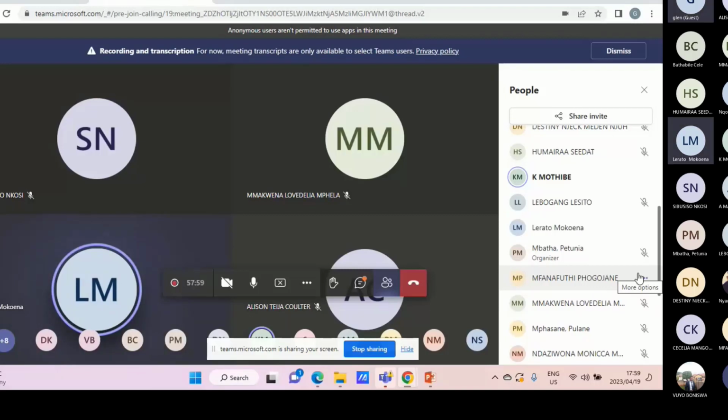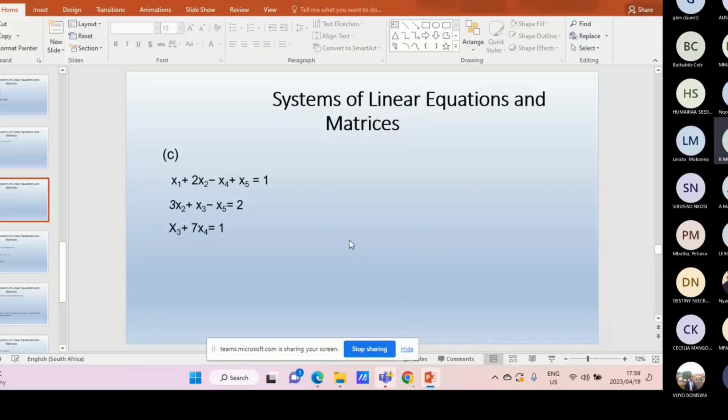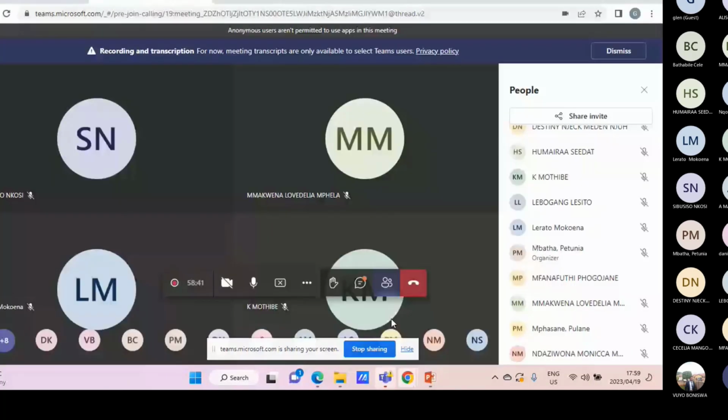Or did I not copy the minus correctly? Maybe I copied it incorrectly. Let me check. For me, when I worked it out, my x3 was 0. I don't know how, but I got x3 equal to 0. Then my x4 was equal to 1/7. The rest I couldn't really do.